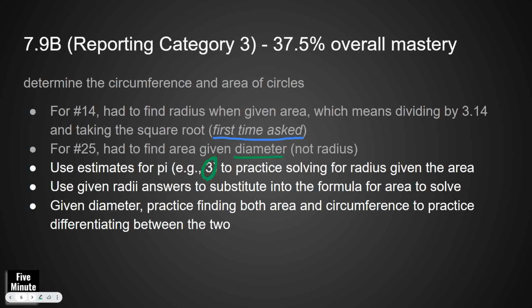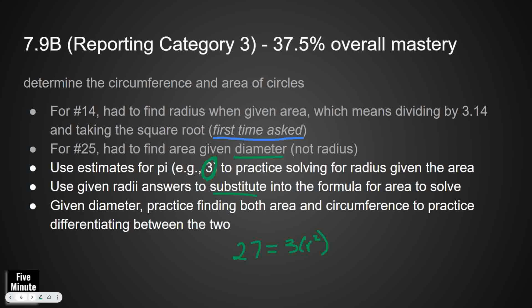So we could say, area is 27, and let's use 3 for pi, r squared, and then have them try to figure out what that r is. Take the decimals out first, then we can put the decimals in later once they get the gist of what we're doing. Now, we can use the given radii answers to substitute into the formula for the area to solve. That's what we're talking about for number 14.